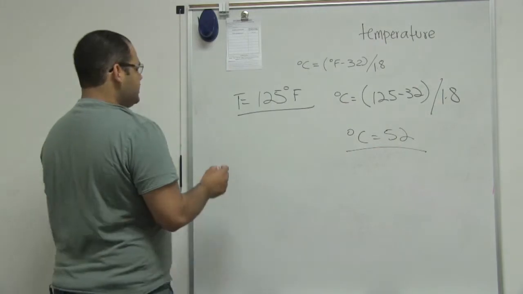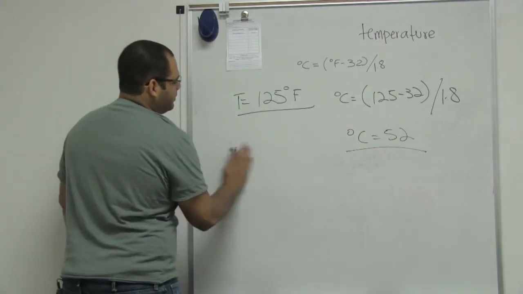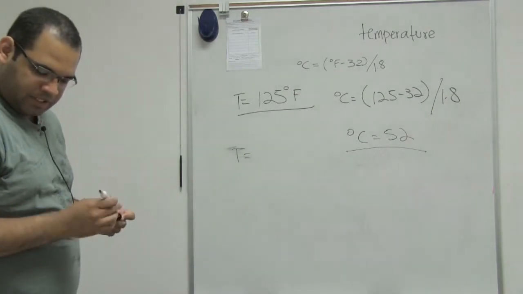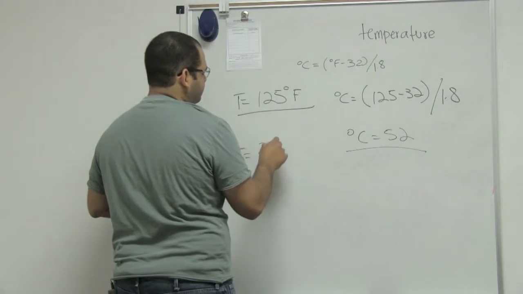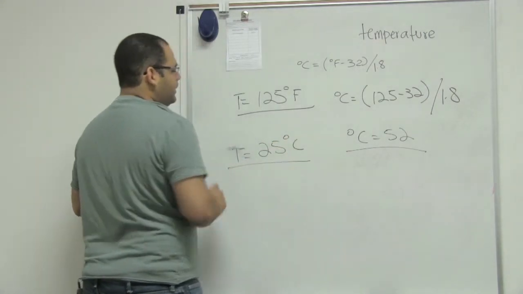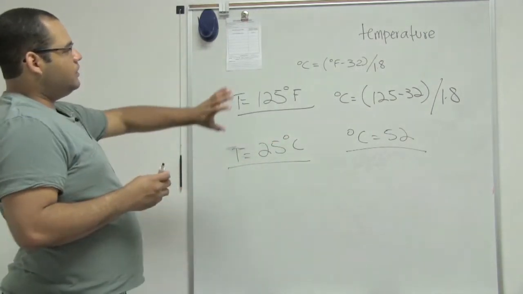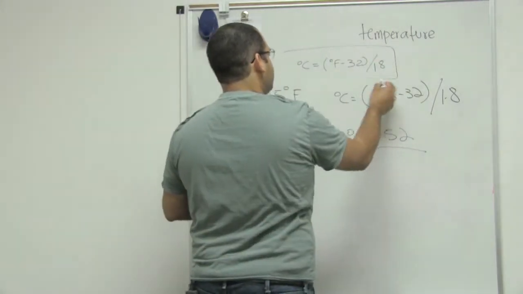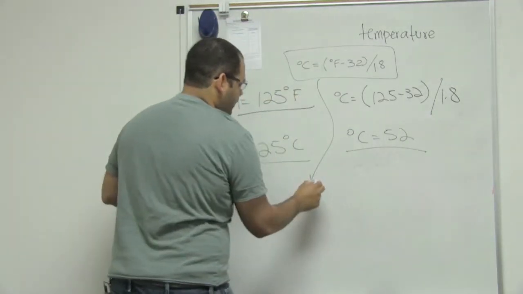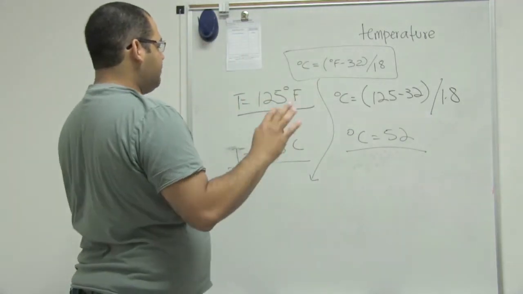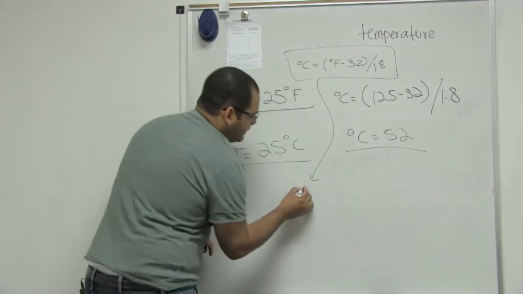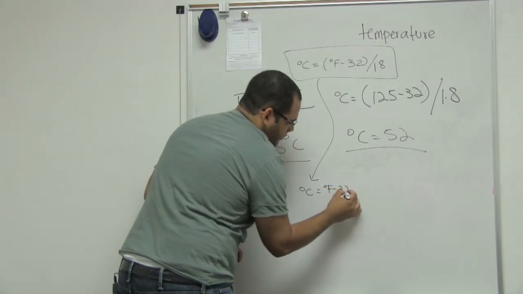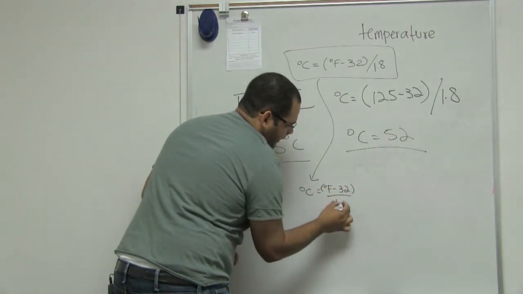Now, if the problem says, well, the temperature is equal to, let me see, 25 Celsius. Can you tell me what is the temperature in Fahrenheit? Yes, we can. We're going to use the same equation, but first we want to solve our equation for Fahrenheit. So I know that Celsius is equal to Fahrenheit minus 32, divided by 1.8.